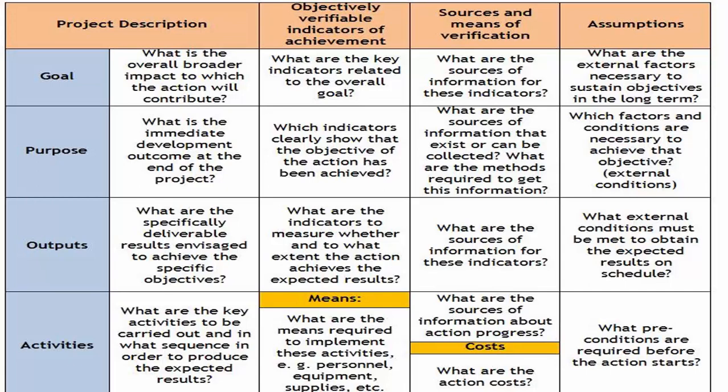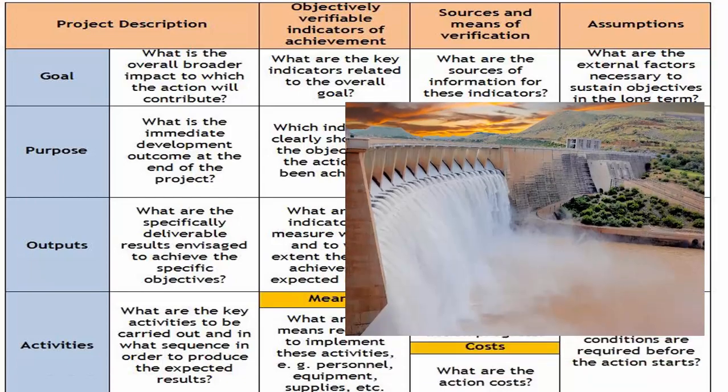If you look at the log frame, right at the bottom, there, you have the activities. Activities are simply the actions you undertake to fulfill a certain purpose. So the activities there fulfill this purpose and ultimately the goal. I always like to give the example of the dam.